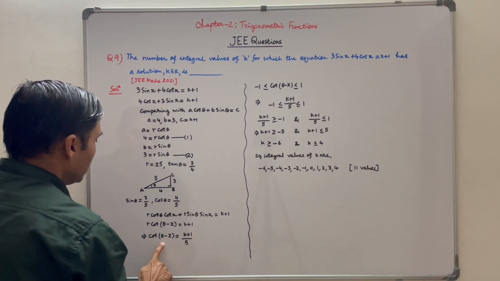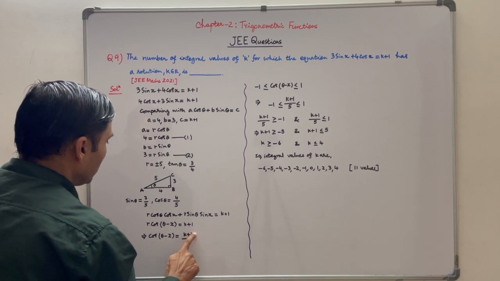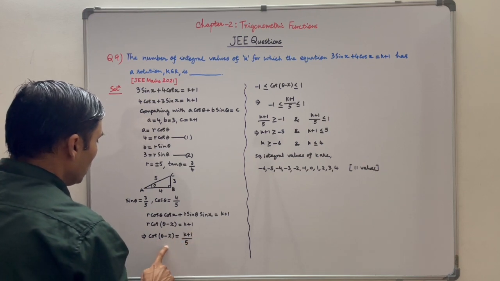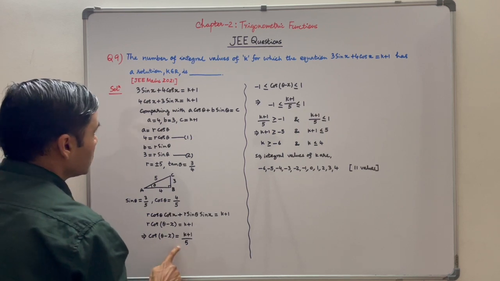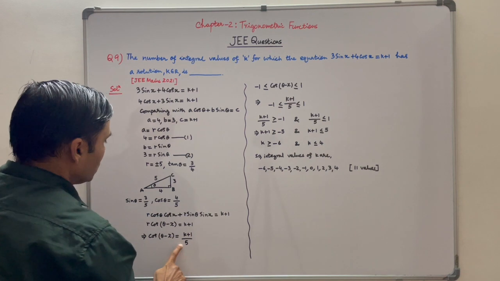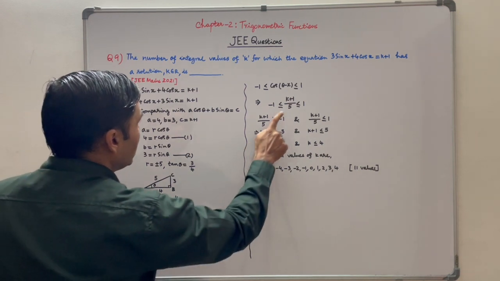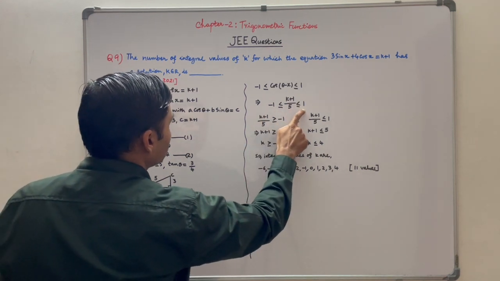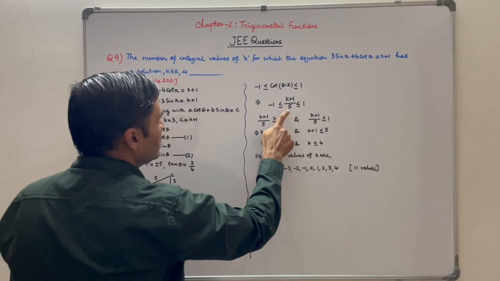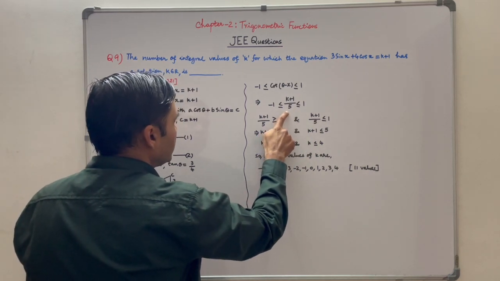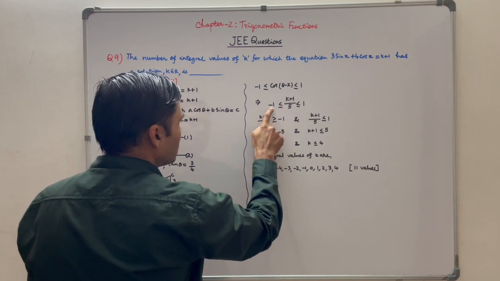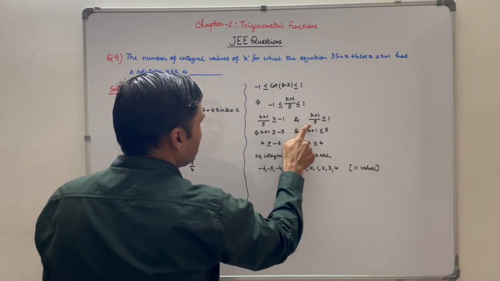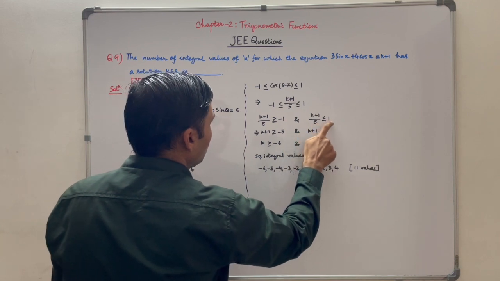Now let's say theta minus x is alpha. So cos alpha is equal to k plus 1 by 5. We know that cos alpha lies between -1 to +1. So k plus 1 by 5 will also lie between -1 to +1. Now we can solve this inequality by saying k plus 1 by 5 is greater than or equal to -1 and k plus 1 by 5 is less than or equal to 1.